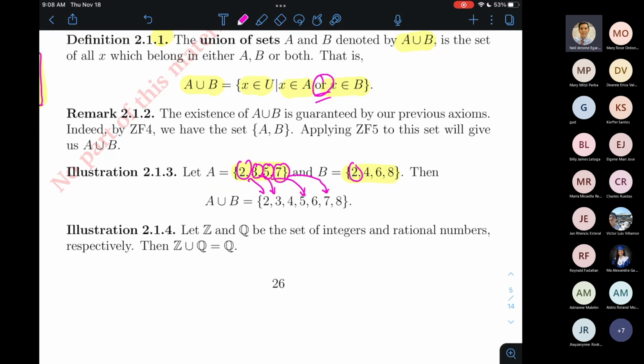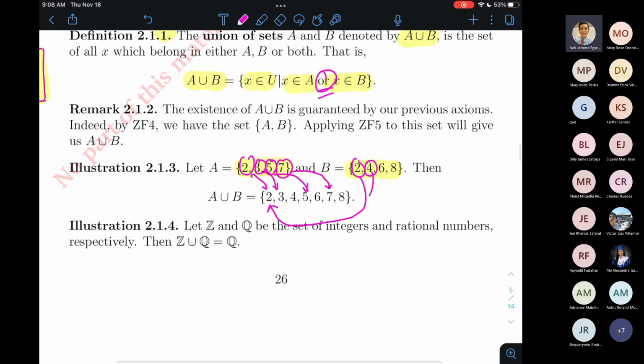So si 2, nasulat ko na siya before, so no need to rewrite it again because we said na not every distinct element of a set must be represented only once in the roster method. Okay? Isa lang lagi yung isinasama natin. Or isang beses lang natin siya isinusulat. 4 is a member of B, so it will qualify as a member of the union. 6 is a member of B, so it's a member of the union, as well as si 8.